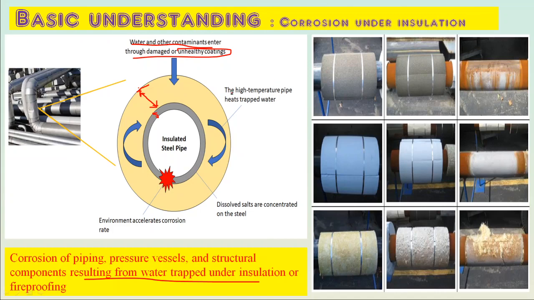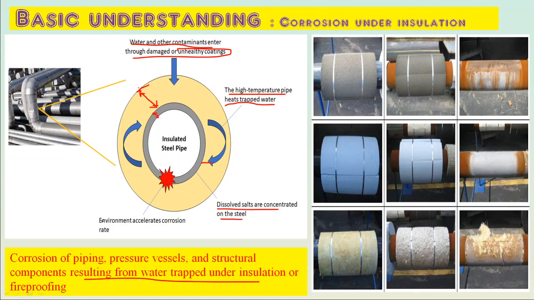The high temperature pipe heats up the trapped water. The trapped water gets heated and dissolved in the insulation, and further it gets condensed from the insulation onto the pipe. So whatever salts are in this insulation material get dissolved in the water and concentrated on the steel pipe.